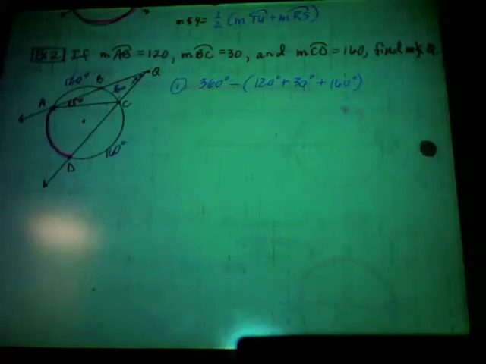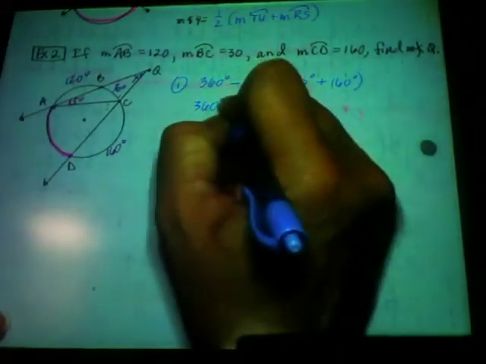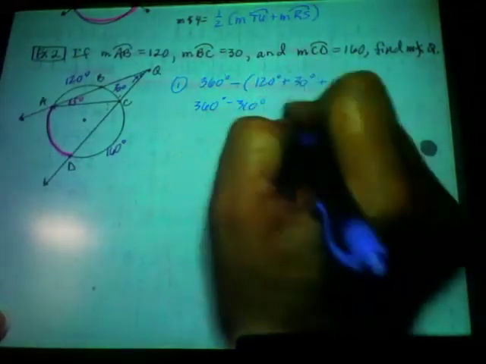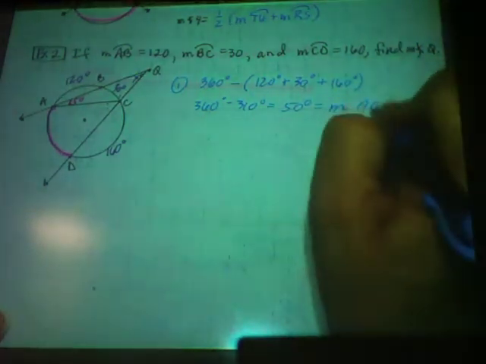That gives me 280 plus 30 is what? 310. So how much is left over? So I get 50 degrees is equal to the measure of arc AD.